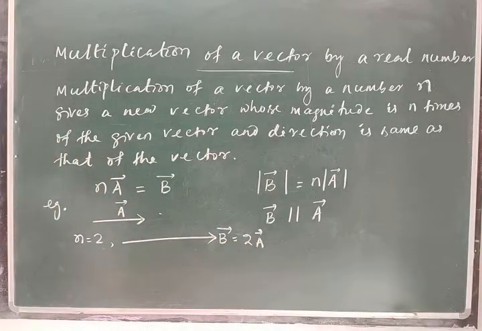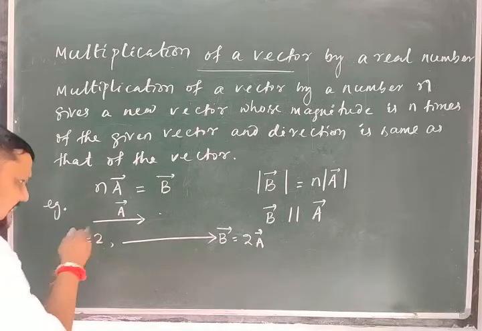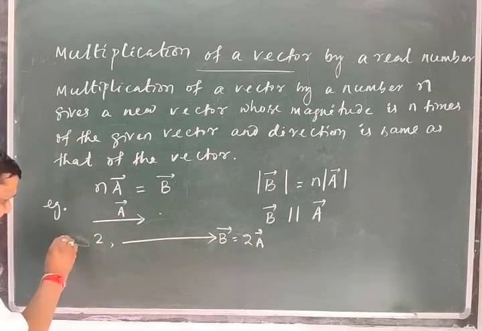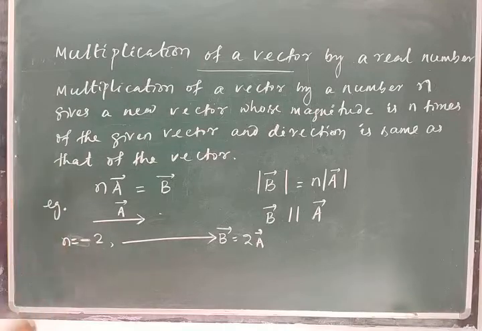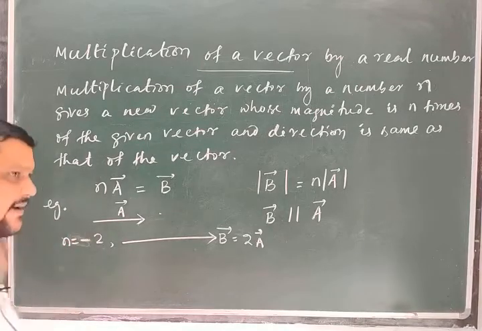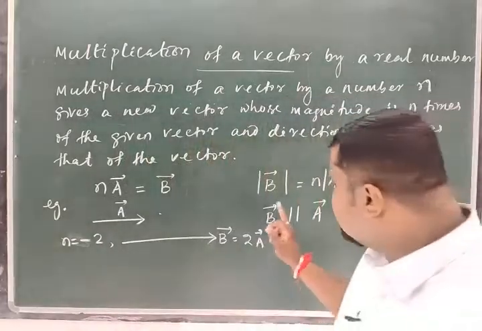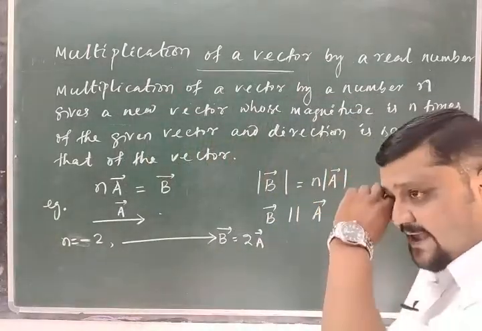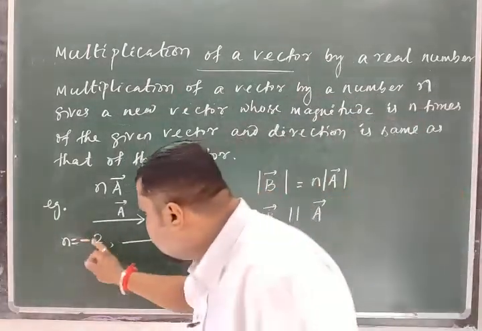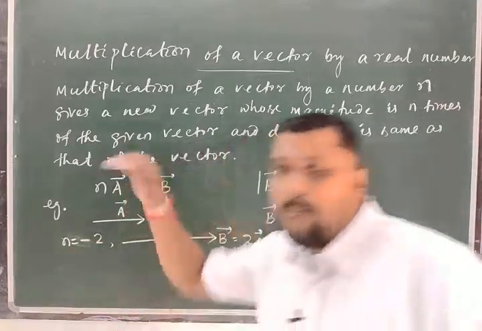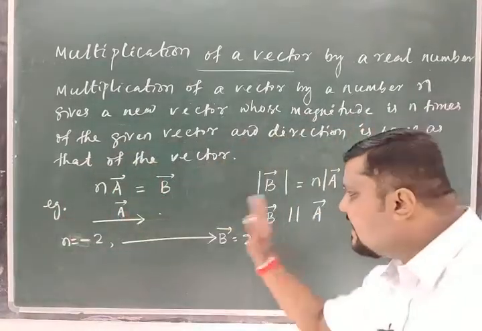Suppose in the same case your n is equal to minus 2. Remember, when n is equal to minus 2, the magnitude is the same, but the negative sign makes the vector point in the opposite direction. It changes the direction.